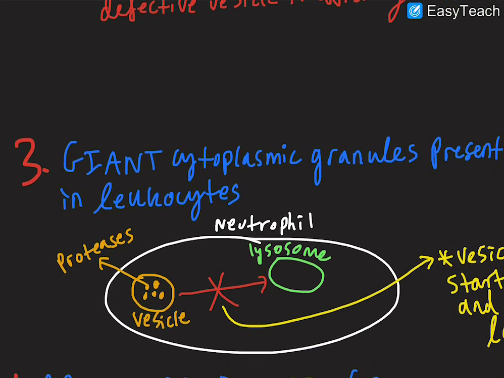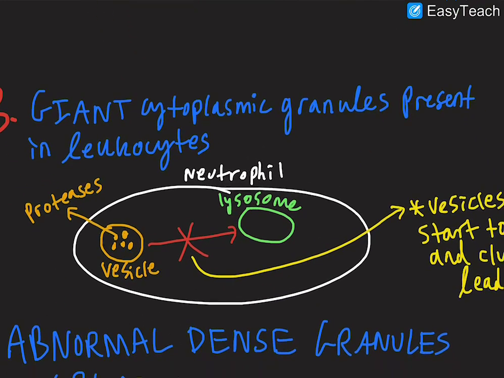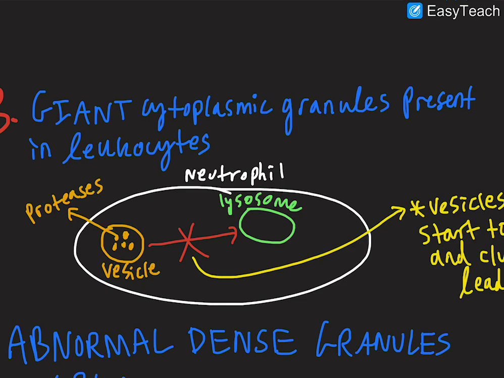Next finding, right, is we have giant cytoplasmic granules present inside leukocytes, like we already been discussing, right? So again, if you can't move around granules properly, then of course you're going to have a buildup of those granules leading to giant granules. So that's something we already discussed.